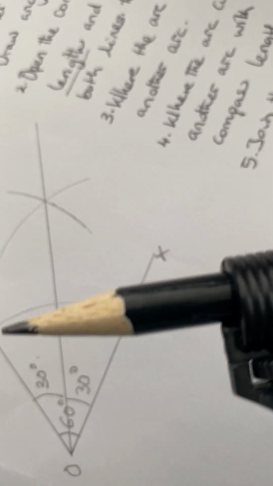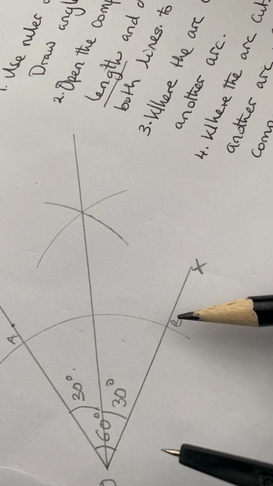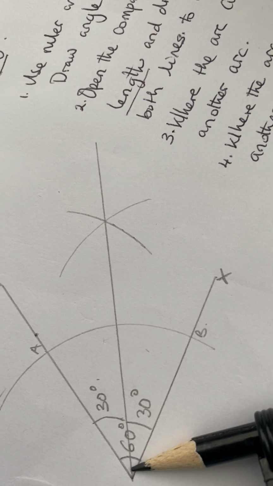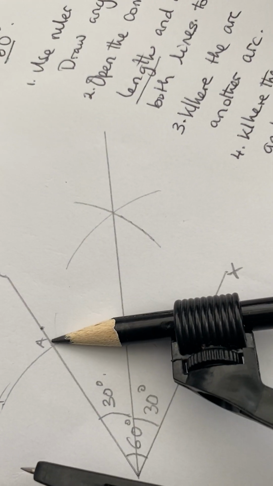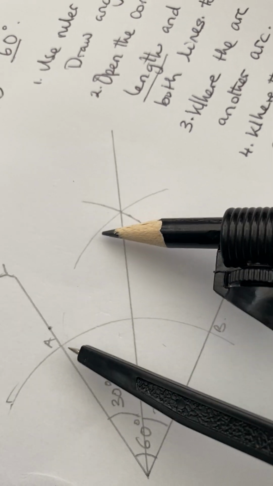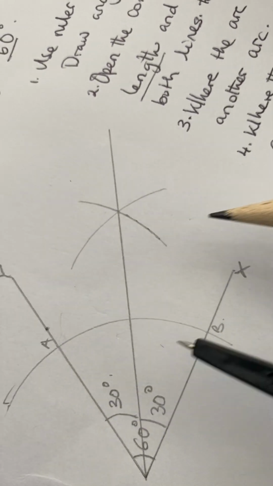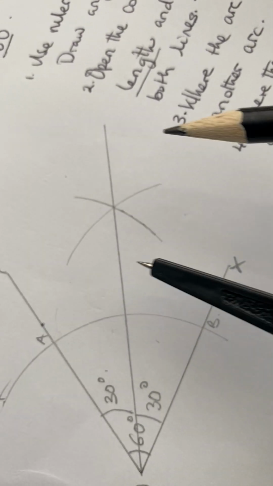Because I'm using the same length, this distance from O to B is the same as the distance from O to A. So at A, I can use any distance, draw an arc, and then from here, draw another arc.